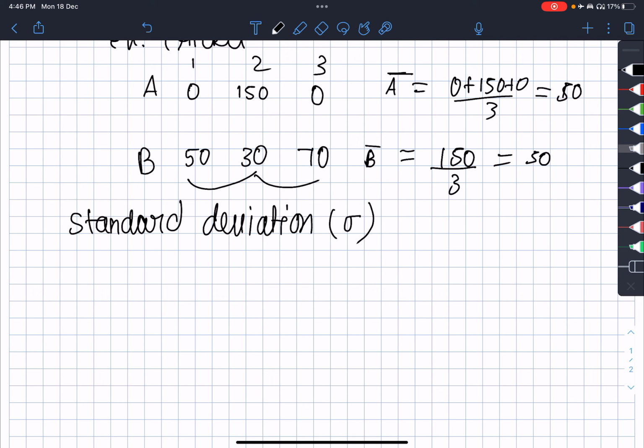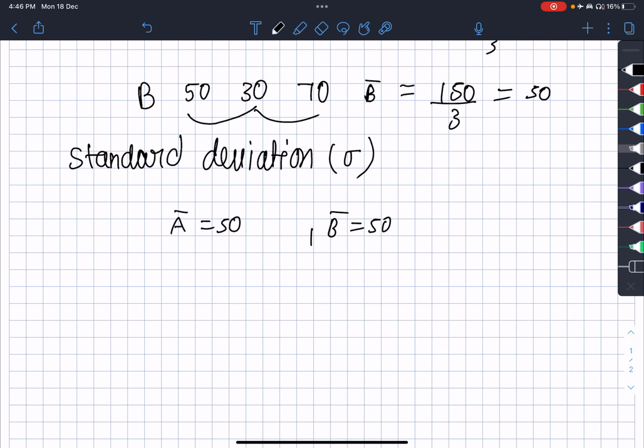So in the standard deviation, what do we do? We take out the mean of the data. The mean of A is 50, and the mean of B is also 50. So we'll be taking out the standard deviation of A. What is the standard deviation of A?